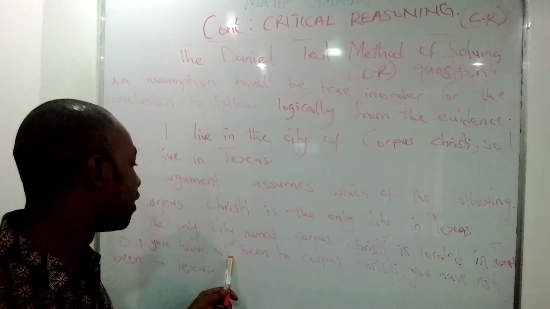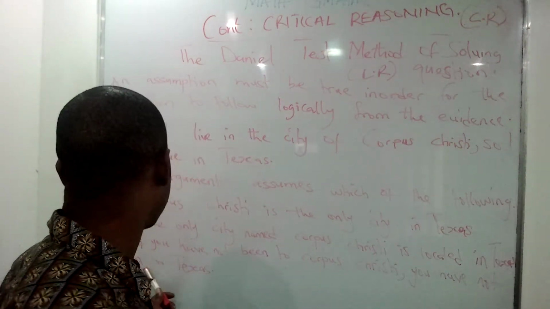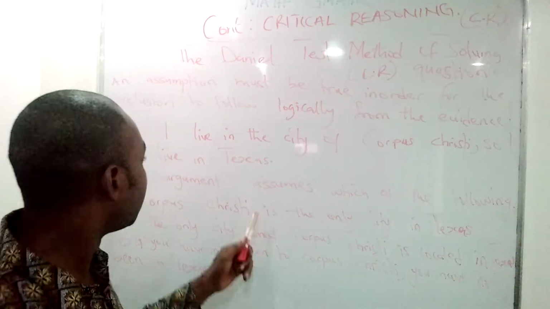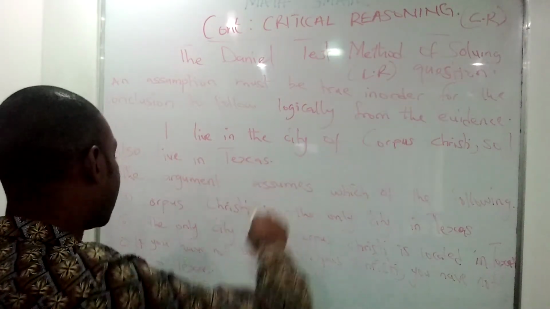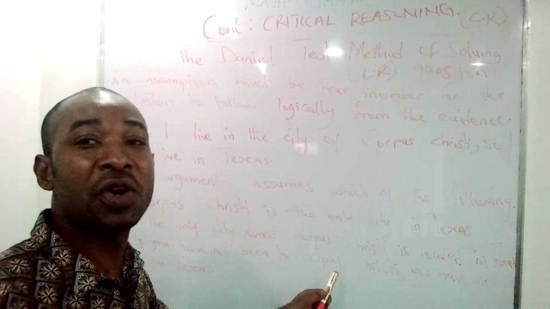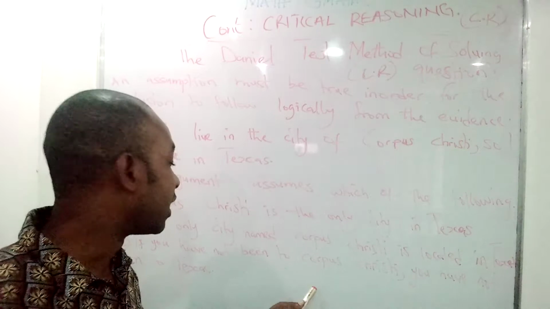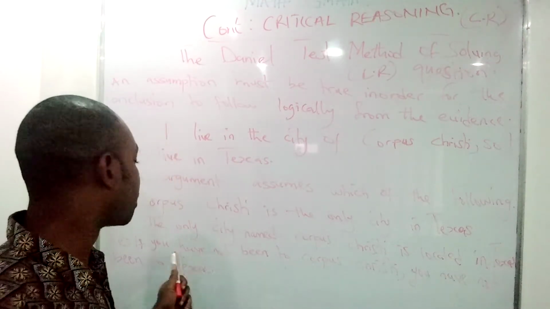If you have not been to Corpus Christi, you have not been to Texas. No, look at it. I live in the city of Corpus Christi, so I live in Texas. This one says if you have not been to Corpus Christi, you have not been to Texas, but there could be other cities in Texas. So this one is absolutely wrong.